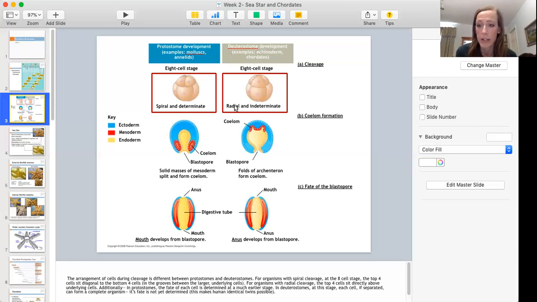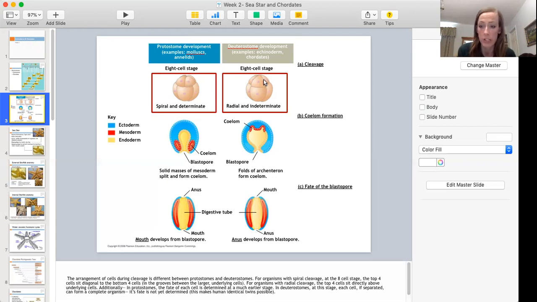One other big difference at this point is that the cells in protostomes, even at this stage, their fates are determined. So we call this determinate cleavage. So if you take one of these little cells and isolate it, its fate was already determined. It's already programmed to become a specific portion of this organism.